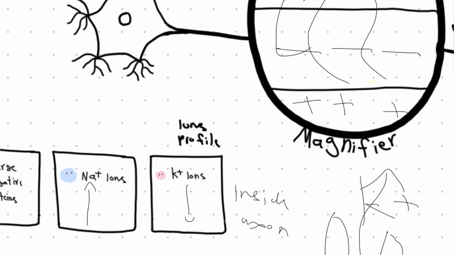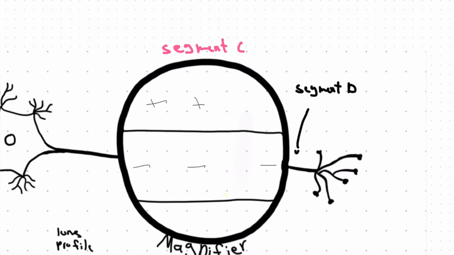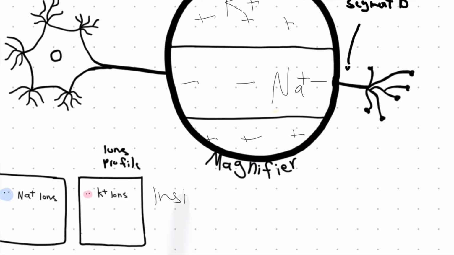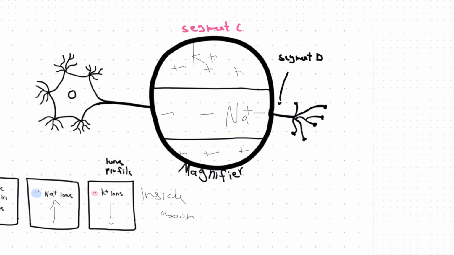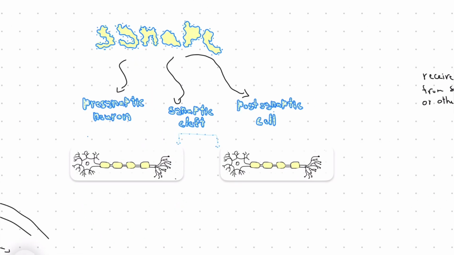Sodium concentration would be high. In the refractory period, the inside is negative, the outside is positive again, and we have a lot of potassium outside and a lot of sodium inside. So inside the axon, potassium concentration is low and sodium is high, and the sodium-potassium pump moves potassium inside and sodium outside.